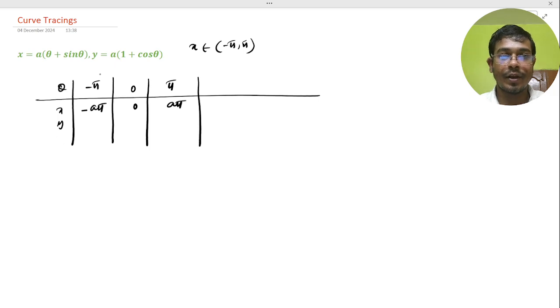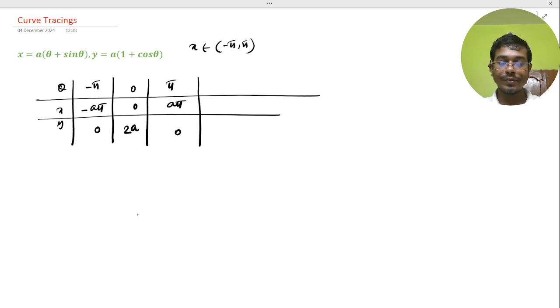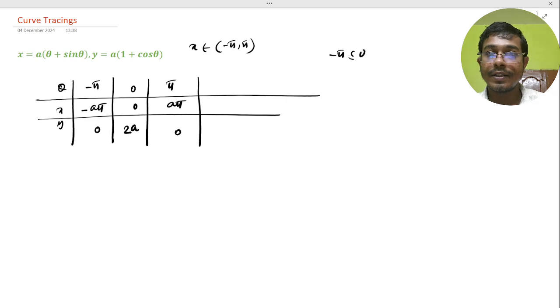For y, at minus pi the y value becomes 0. For theta equal to 0, y is 2a, and at theta equal to pi, y is 0. So this is for minus pi less than or equal to theta less than or equal to 0.